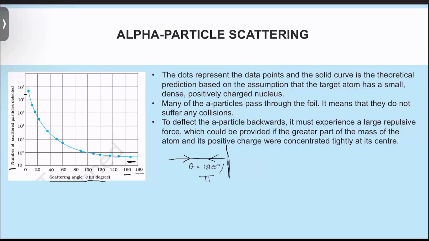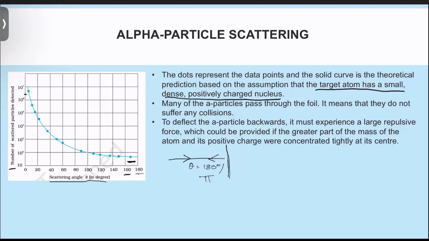The dots represent the data points, and the solid curve is the theoretical prediction, based on the assumption of Rutherford's model, that the atom has a small, dense, positively charged nucleus. This experiment was done with the assumption based on Rutherford's model.